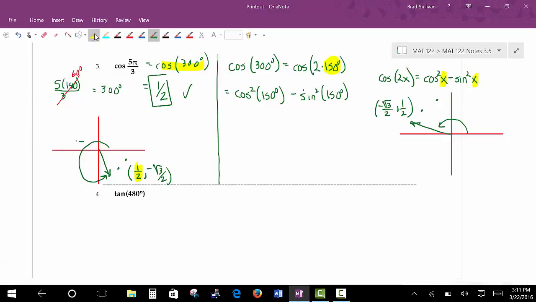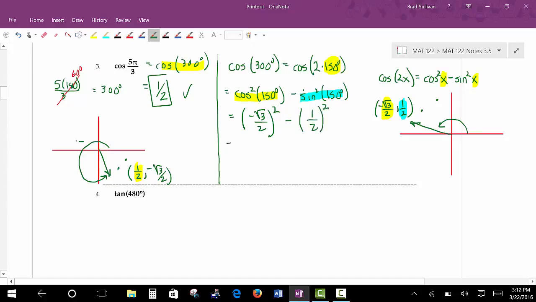So when we work this out, the cosine of 150 is going to be negative square root of 3 over 2. So I'm just going to write that as negative square root of 3 over 2 squared. Then the sine of 150 degrees is the y value, so that's a half. So I'm going to write this as 1/2 to the second.